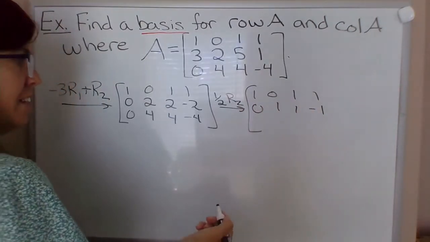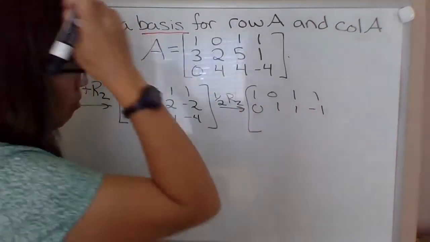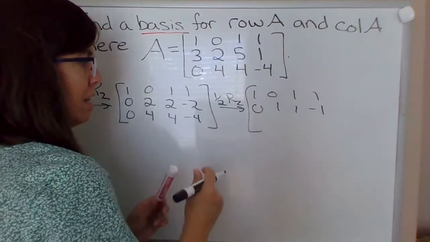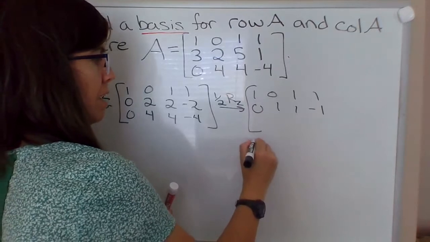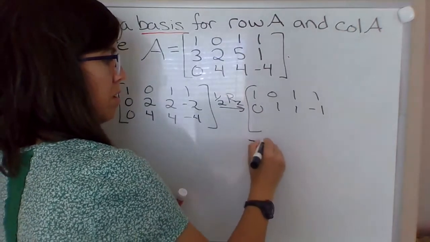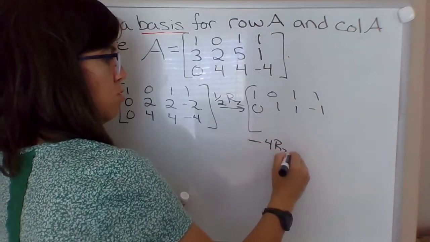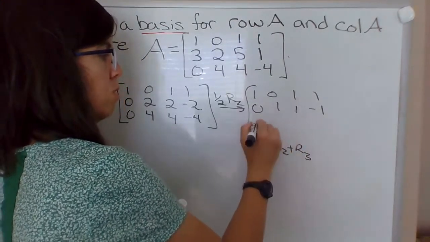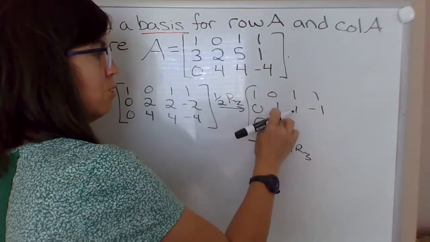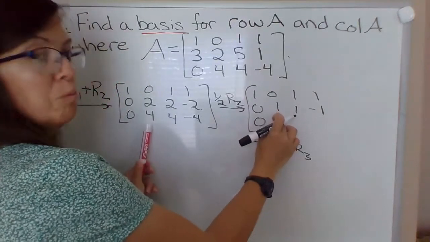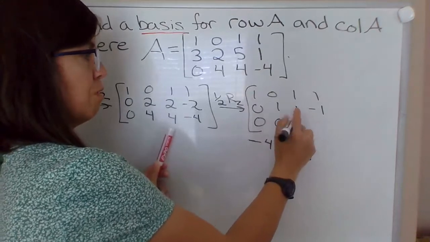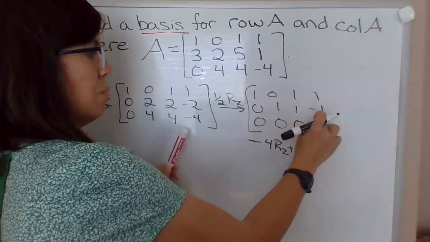And then, I'm cheating a little bit doing two operations in one step here, but after that, let's say we did -4 times row 2 and added that to row 3. So -4 plus 4, so 0. -4 plus 4 here, so 0.